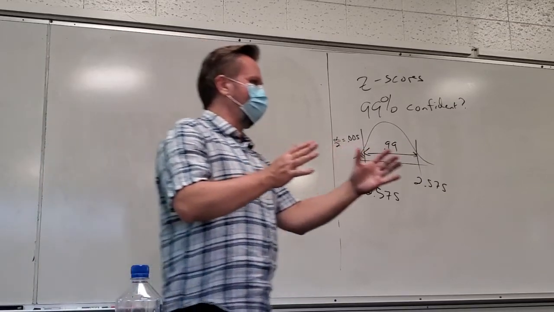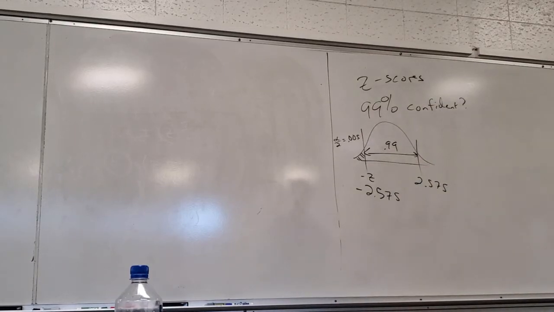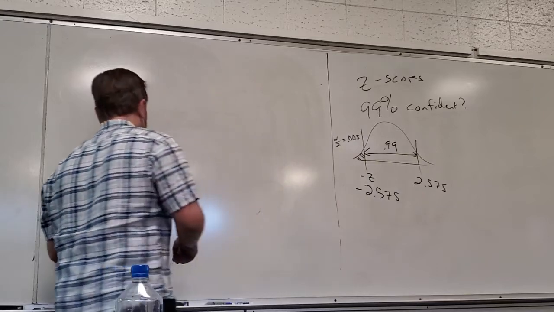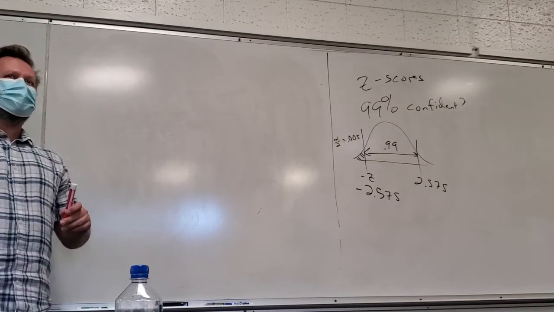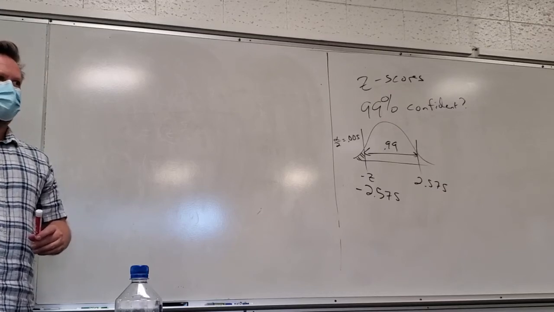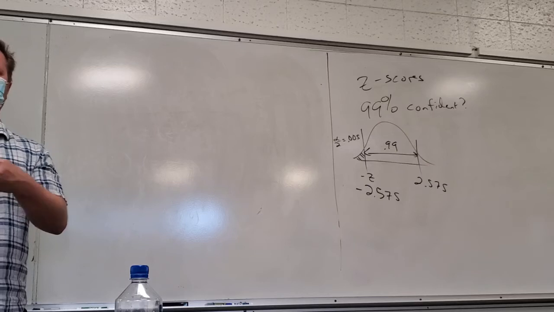In section 8.2, we're going to get a new chart that we're going to use in certain situations. It's sort of related to Z-scores, yes. So that's one reason why, and 8.3 still uses a Z-score chart. So that's why I disagree with the book's ordering. I'm going to do 8.3 before we do 8.2.